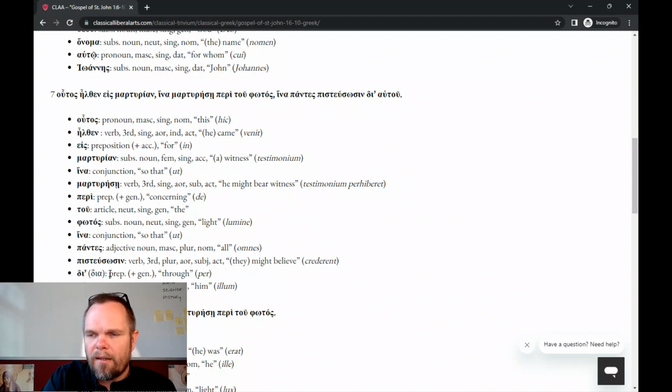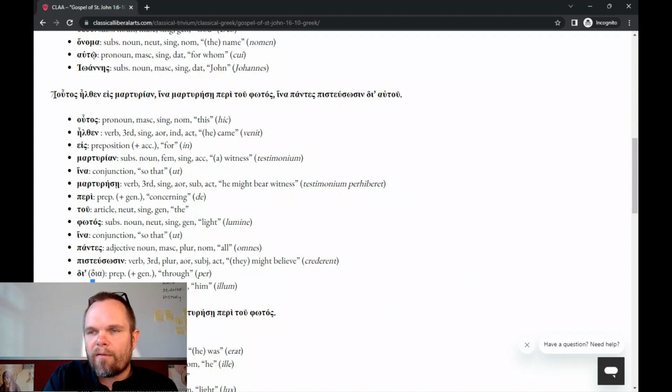So dia is a preposition that governs the genitive case. It means through. Notice the Latin translation was per, through or by. And then autou is in the genitive case, not because it's expressing possession, so it's not going to be translated of him. It's simply the object of a preposition that requires a genitive case, so it's put in the genitive case. So di autou means through him.